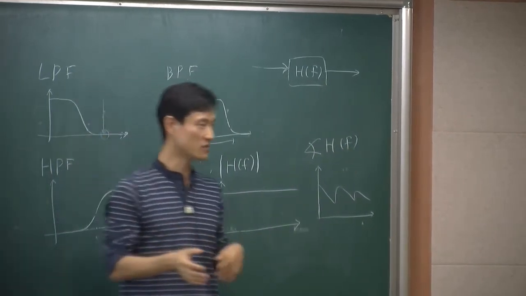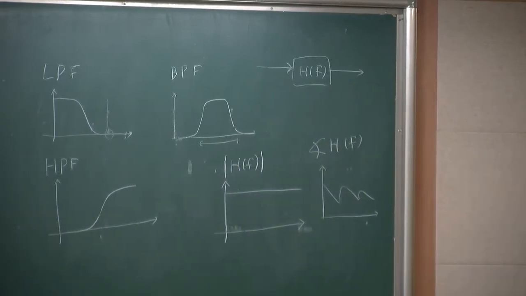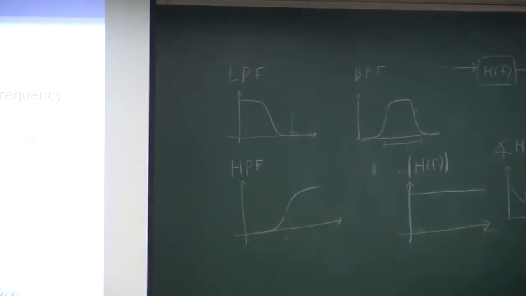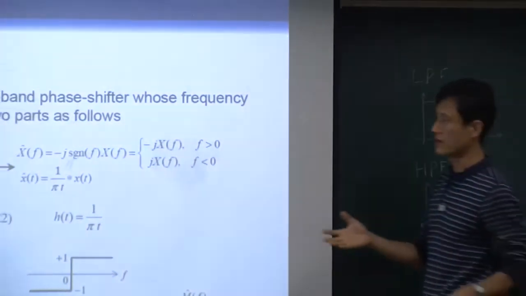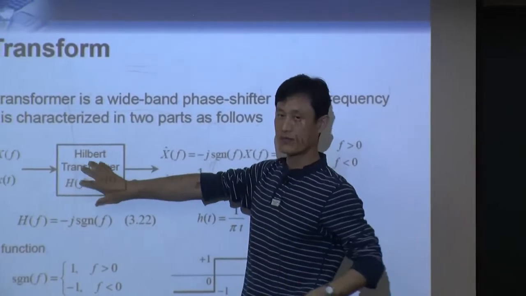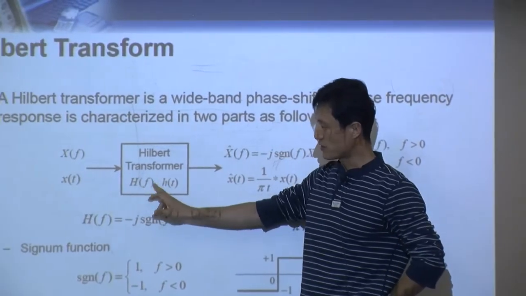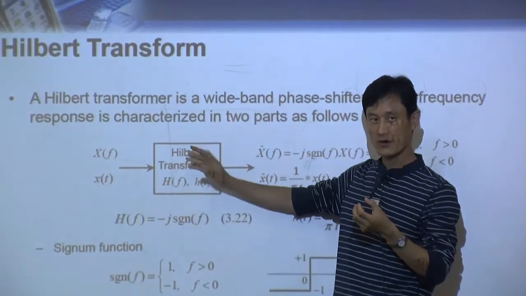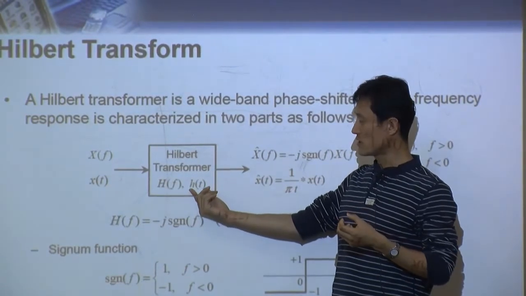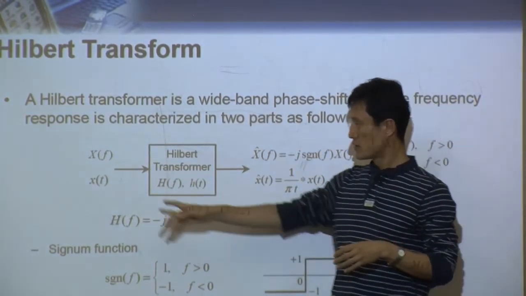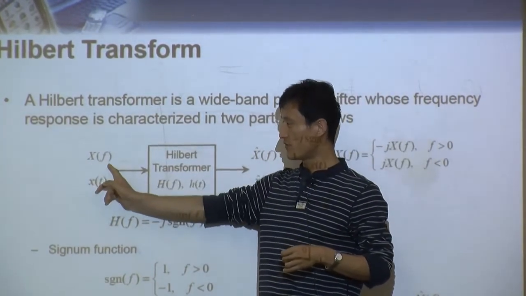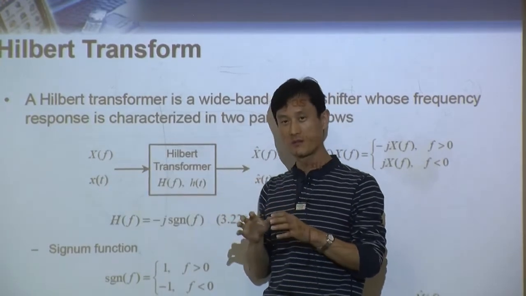And this Hilbert transform is something like this. Now let's take a look here. Here's a Hilbert transformer. Let's say this capital H(f) is the frequency response of this transformer; h(t) is the time domain. You get an input X(f). Again, let's look at the frequency domain because it's easier.